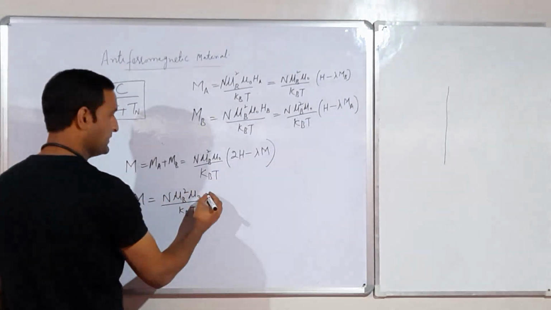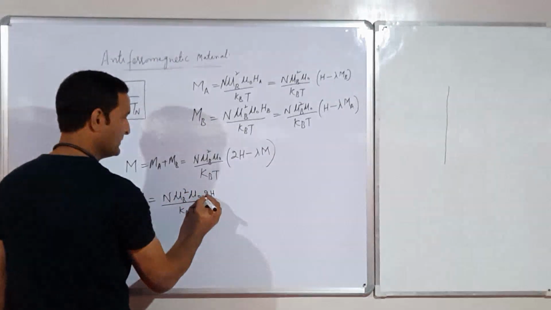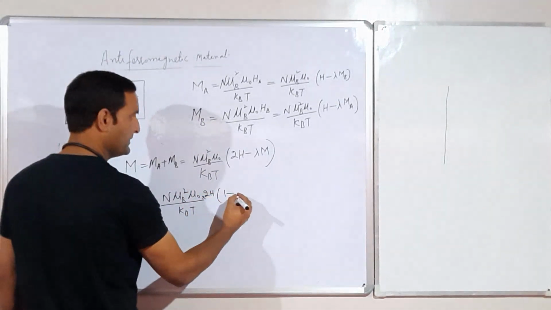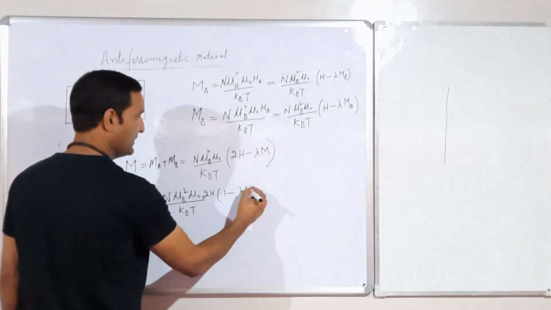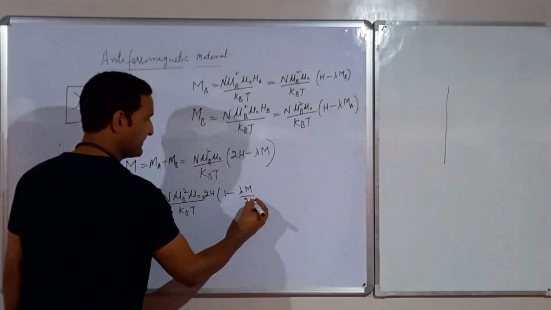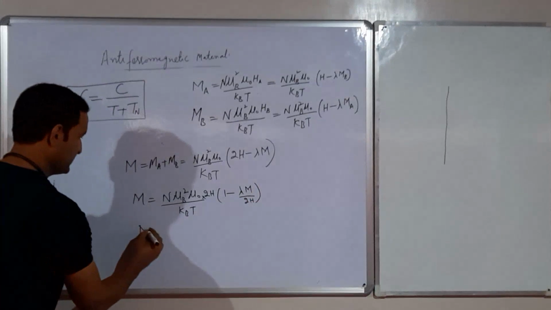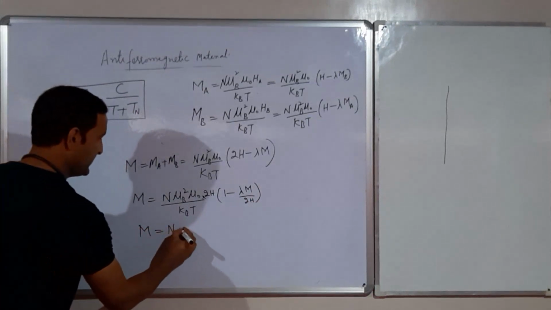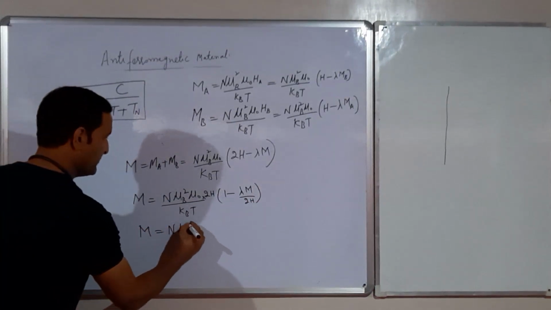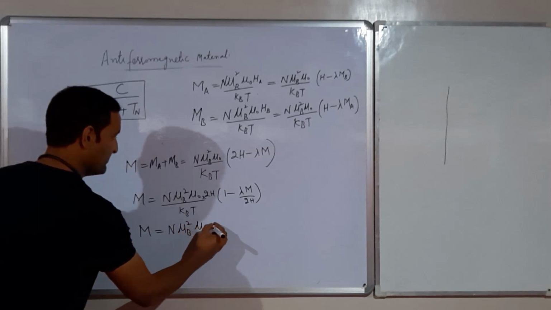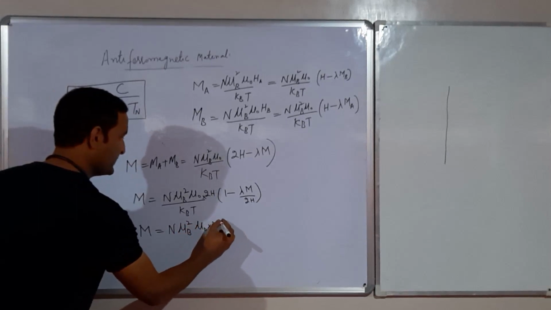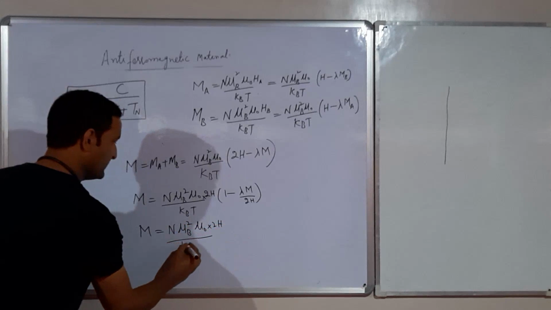If 2H is common, there remains 1 minus lambda M upon twice H. Therefore, we can write it as N mu B square mu naught into twice H upon KBT.